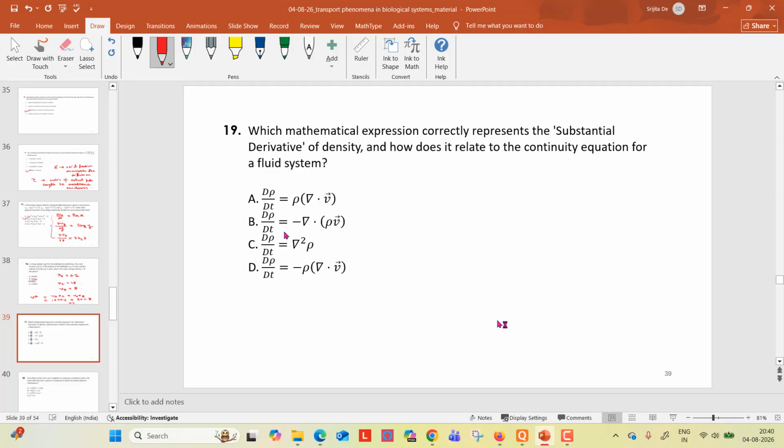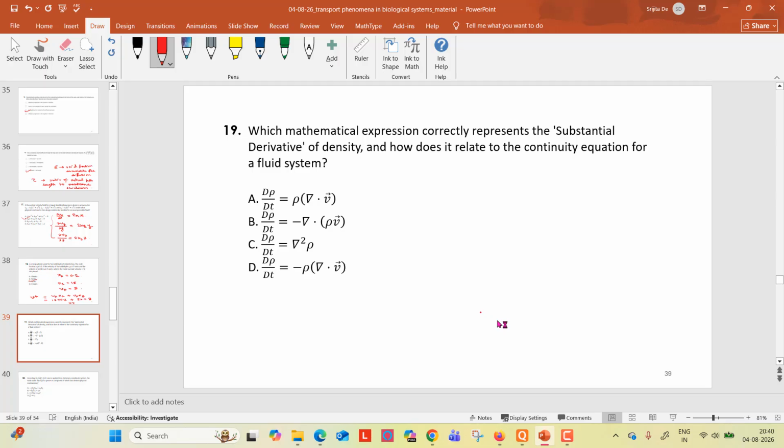Next, which mathematical expression correctly represents the substantial derivative of density, and how does it relate to the continuity equation for a fluid system? Right? So, as we know already, I am not again doing the derivative.